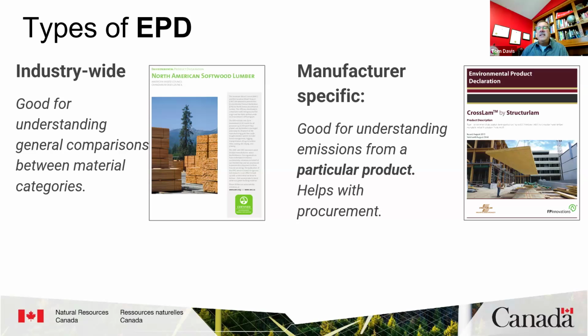This type of EPD is useful for understanding the relative difference in MCE between one material category and another. Because the global warming potential results of industry-wide EPD are an average for multiple manufacturers, the user will not know if the specific product used in the project might come from a manufacturer with global warming potential that is higher or lower than the average.